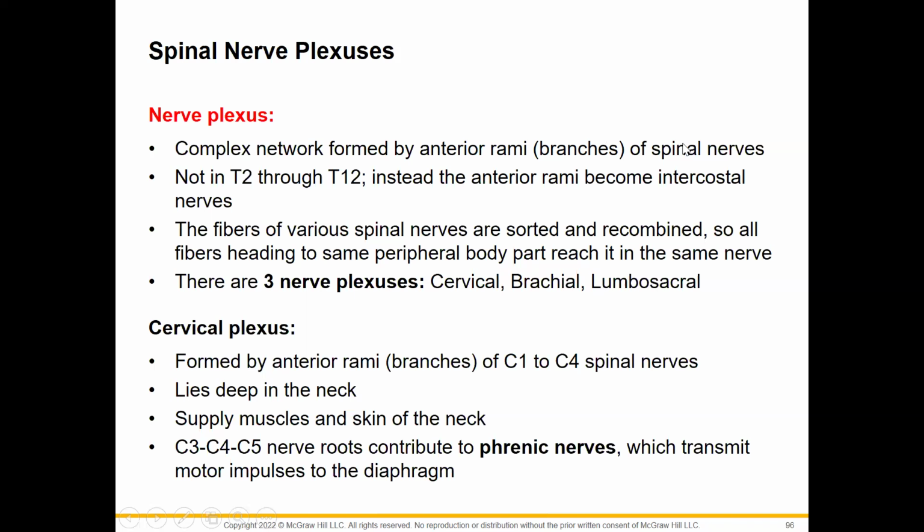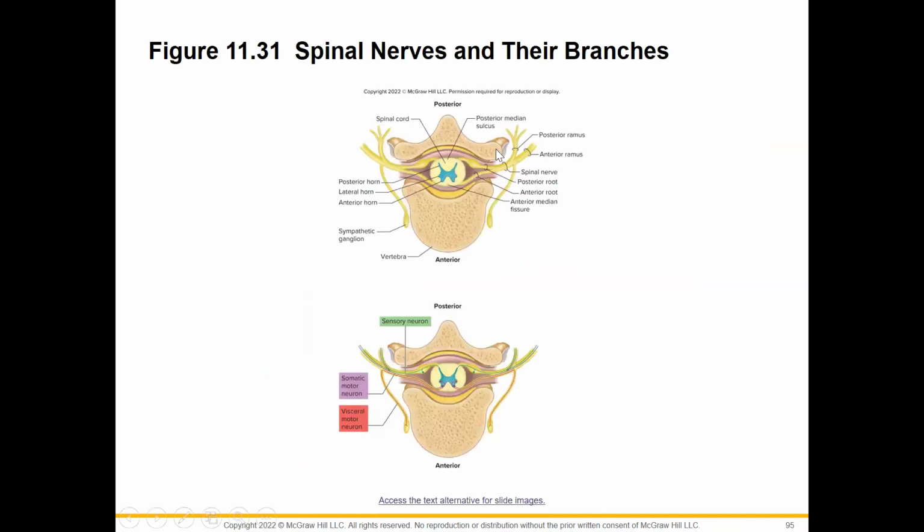Let's go back to the image of the spinal nerve. You have the spinal cord, and you have the posterior root and the anterior root coming off of the spinal cord and coming together to form the spinal nerve. Remember that the spinal nerve is numbered for whatever level it comes out of the spinal cord.